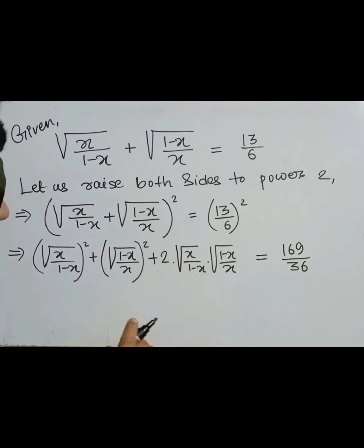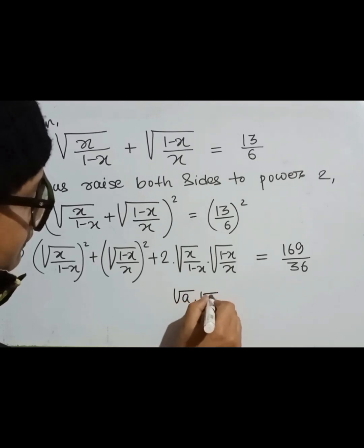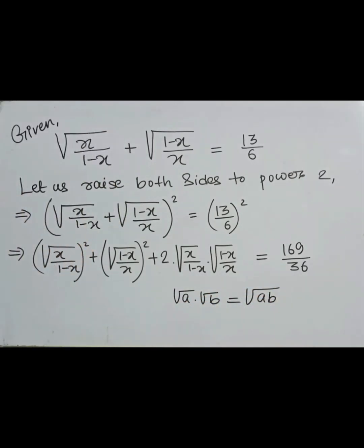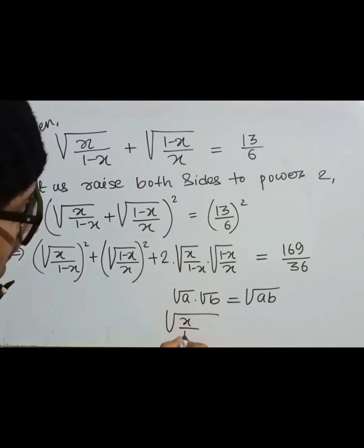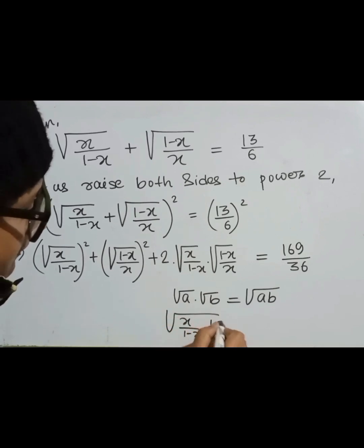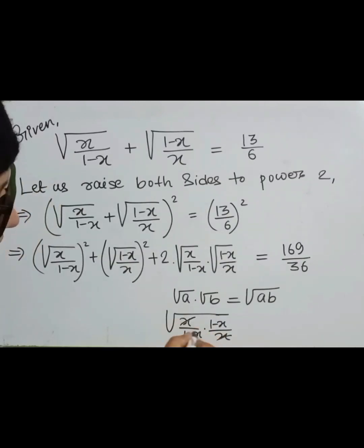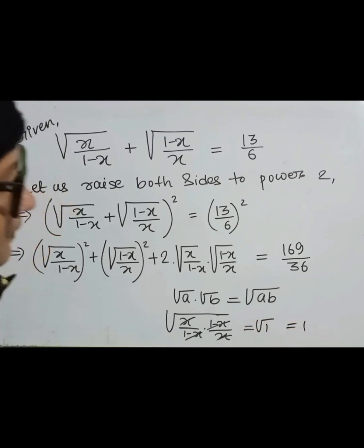Now to get the product of these two, we know √a into √b is equal to √(ab). So the product of these two is equal to √((x/(1−x)) into ((1−x)/x)). We can cancel x with x, 1−x with 1−x, and this is equal to √1, which is equal to 1.